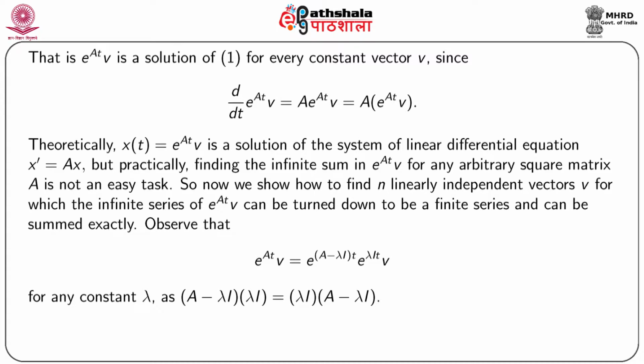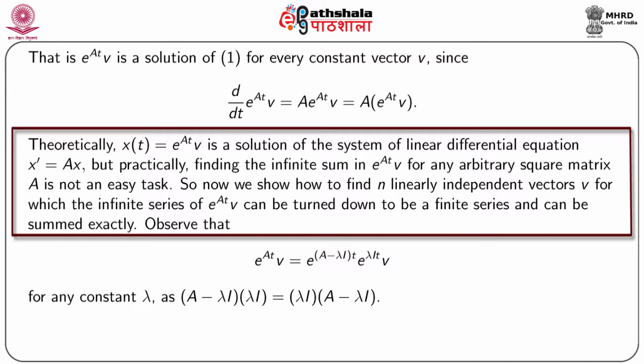Since d/dt of e to the power At v is equal to A e to the power At v. Theoretically, x(t) equal to e to the power At times v is a solution of the system of linear differential equations x' equal to Ax, but practically finding the infinite sum in e to the power At times v for any arbitrary square matrix A is not an easy task.